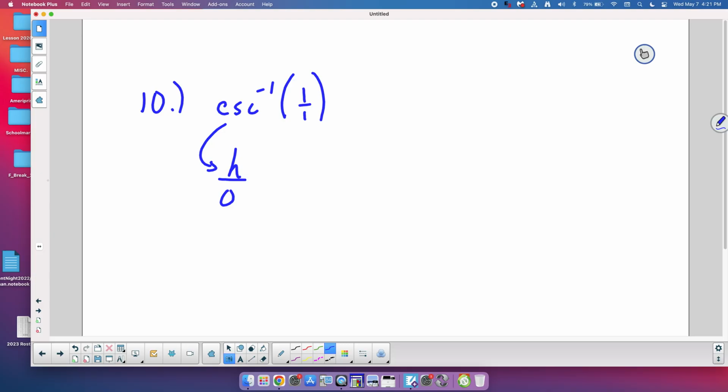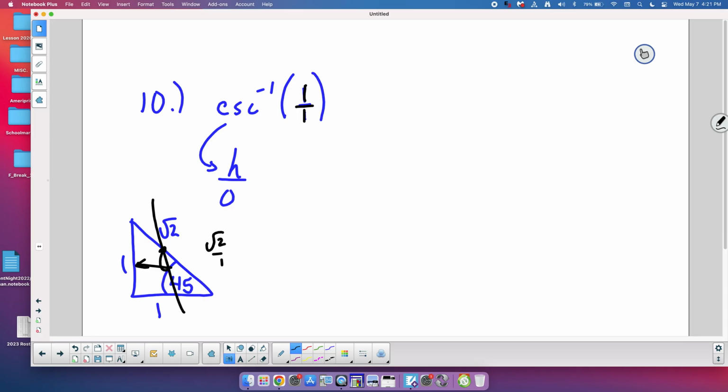Okay, the only triangle that has a 1 and a 1 in it is right here. 1, 1, root 2, this is a 45. So if you actually did cosecant of 45, well, that's hypotenuse over opposite. That's root 2 over 1. Is that what you want? No, you want 1 over 1. It's not this one, and it's not the 30, 60, 90 because there's no 1, 1 in that one.